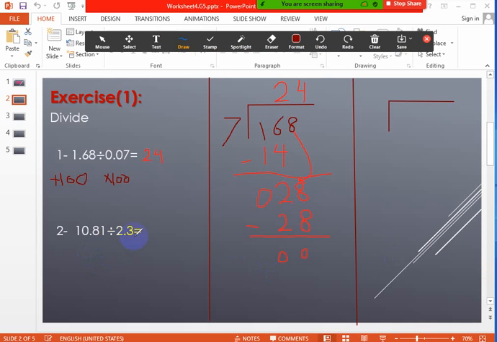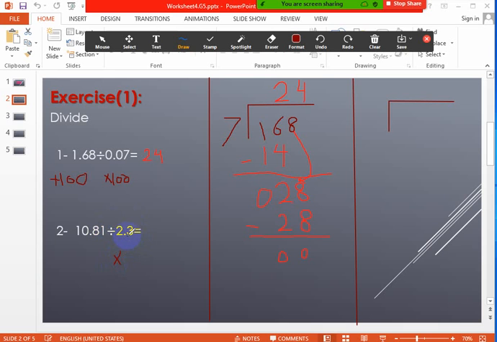Now also here I have one digit after the decimal point in the divisor. So I have a problem. I have to move this decimal point and remove it. How will I do that? I have to use the powers of 10 pattern. That means I have to multiply this number by a power of 10.